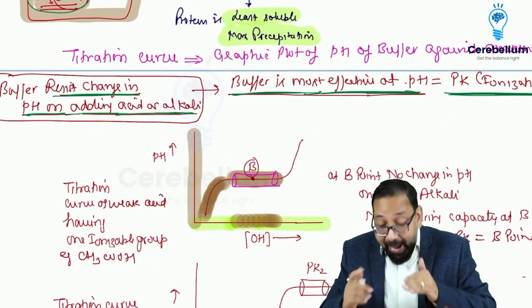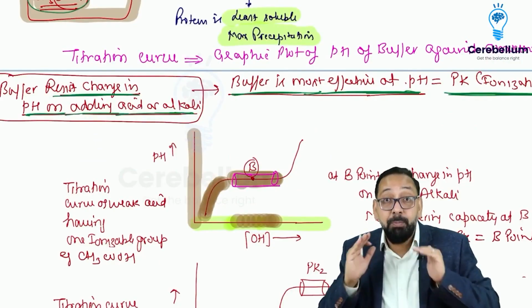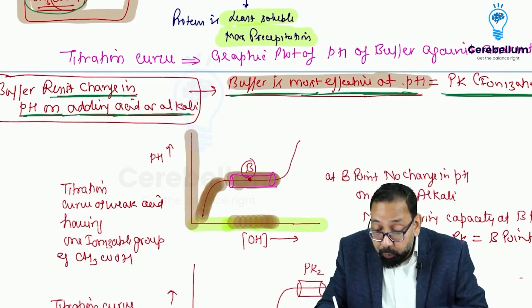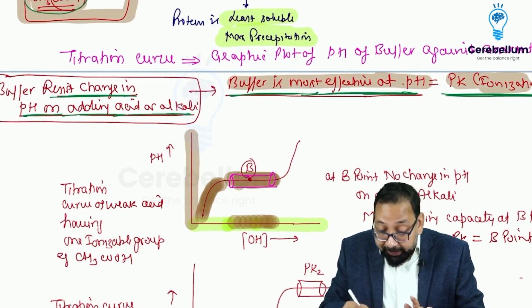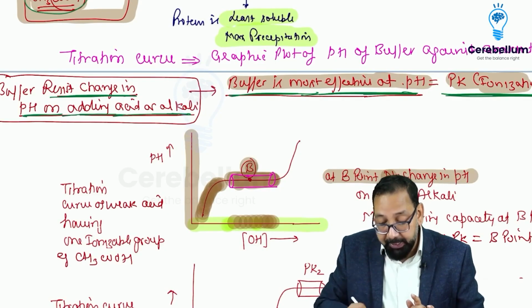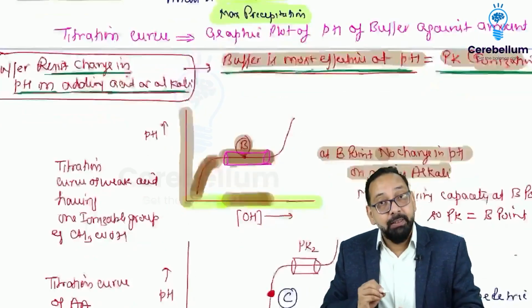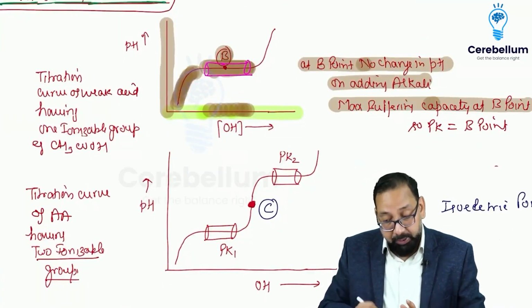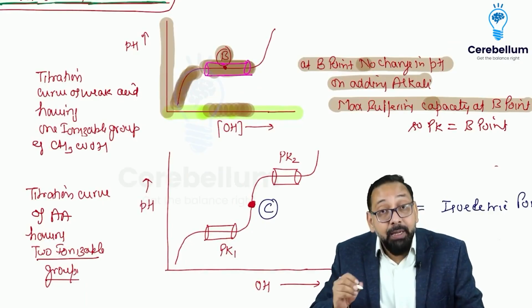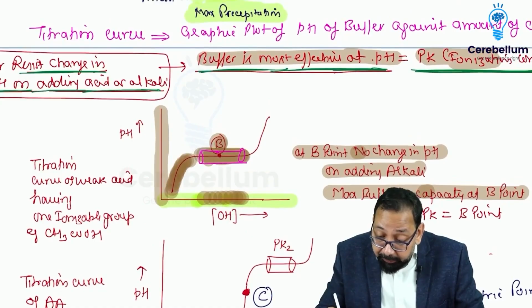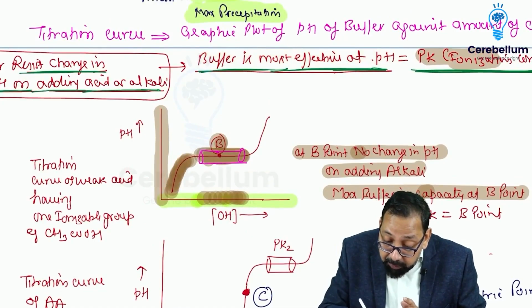We can say at this point there is maximum buffering capacity, and a buffer is most effective at pH equal to pK. So at point B, there is no change in pH on adding alkali. Maximum buffering capacity is at point B. And pK is the pH at which the buffer is most effective.